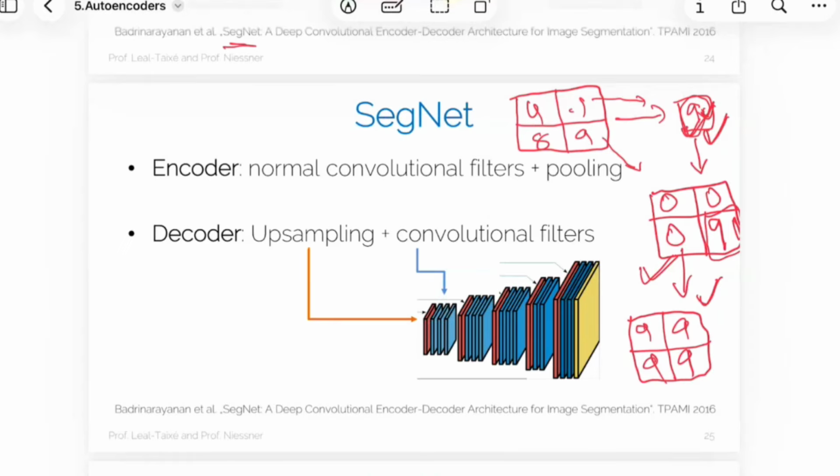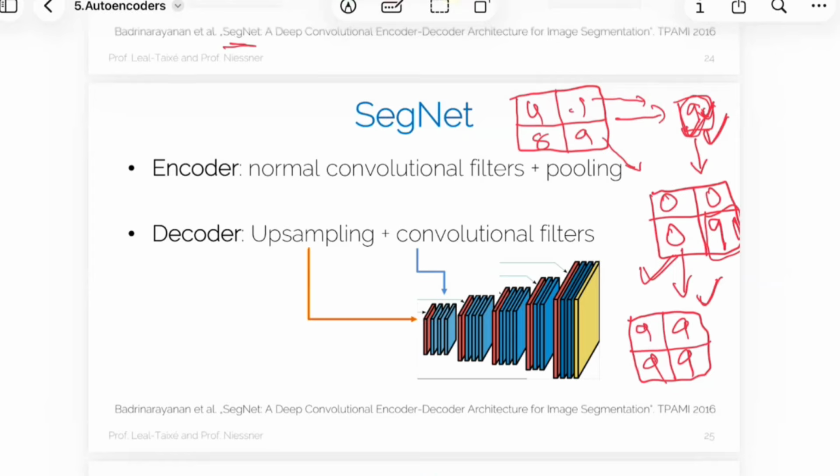So they came up with transpose convolution, which is mixing of upsampling and convolution filter. They have combined these two things in a single layer. So now transpose convolution would do the upsampling at the same time using a convolution filter.